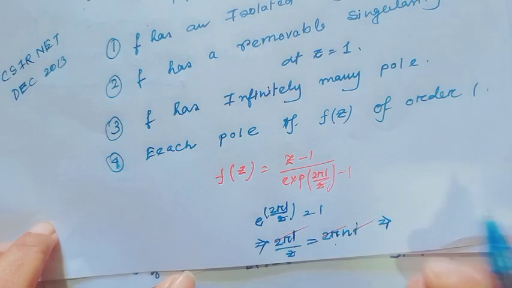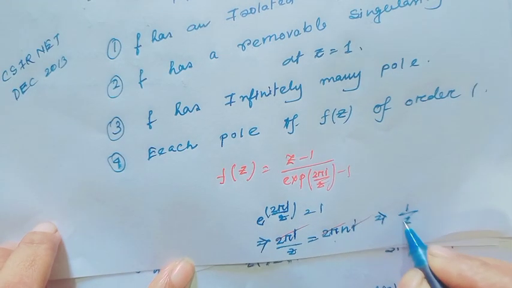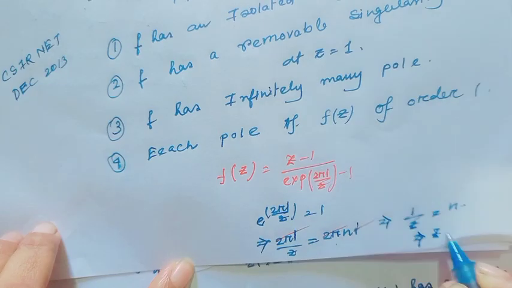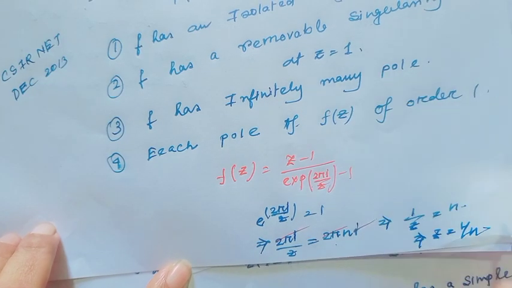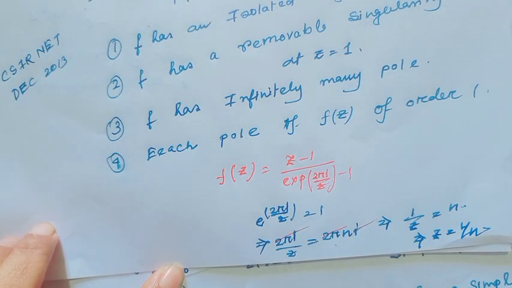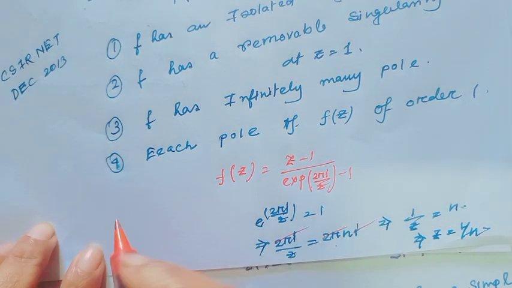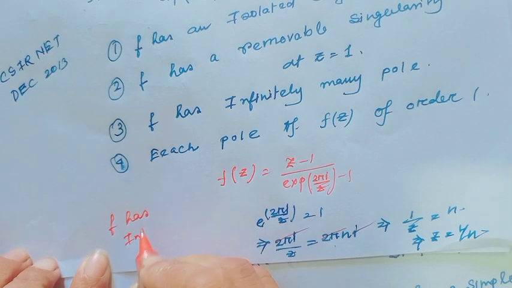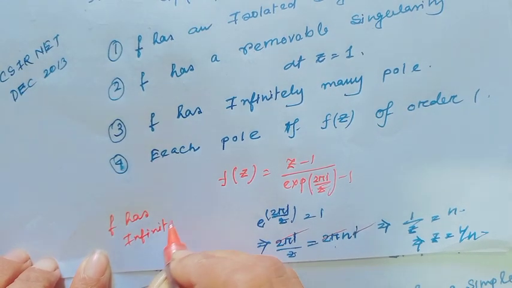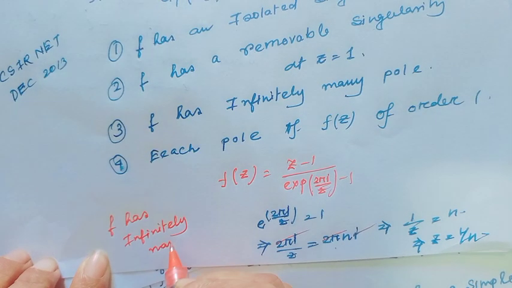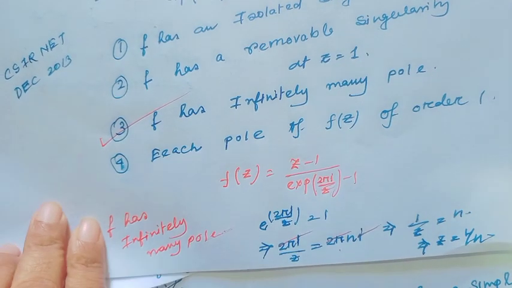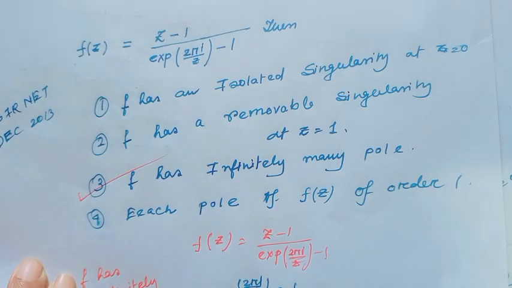That means 1 over z equal to n, which implies z equal to 1 over n. At the points z equal to 1 over n, f has infinitely many poles, where n belongs to the integers.